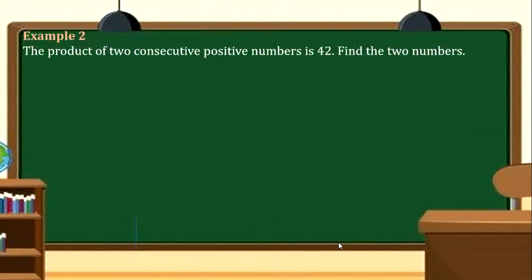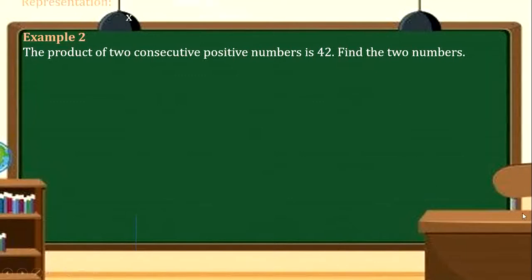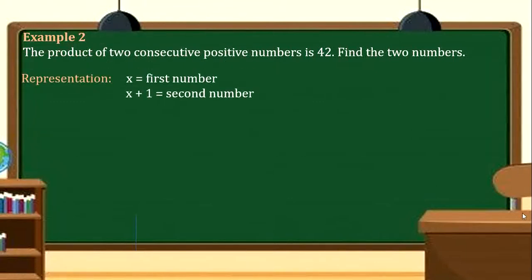Next. Number 2, the product of two consecutive positive numbers is 42. Find the two numbers. So, for the representation, dahil ang sabi dyan ay consecutive positive numbers, pag sinabi nating consecutive, magkasunod.